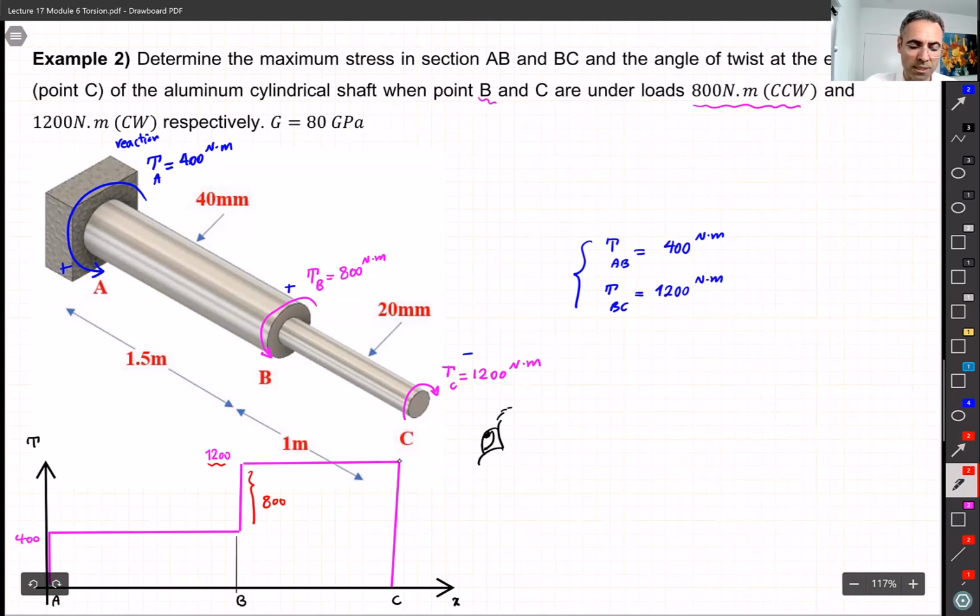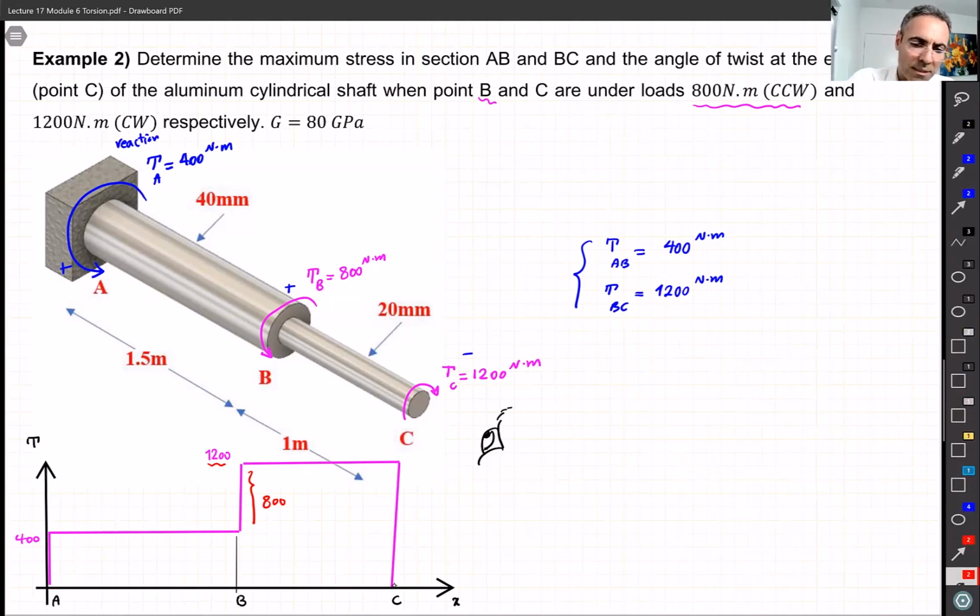And then at point C, you have a jump of 1,200, which returns you back to 0. It means your solution is correct and everything so far is good, because you have to return back to 0, because it is static and everything has to be balanced. In other words, sum of all the torque has to be 0. So let's continue with the rest.